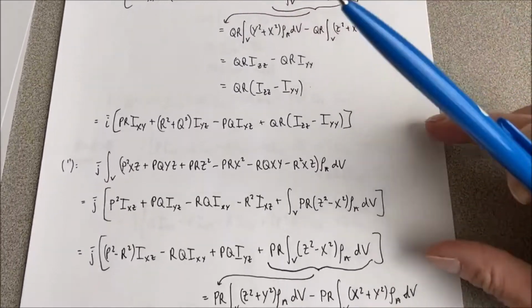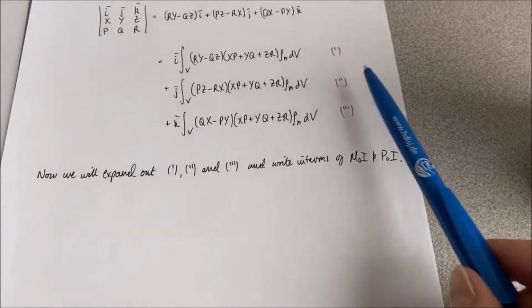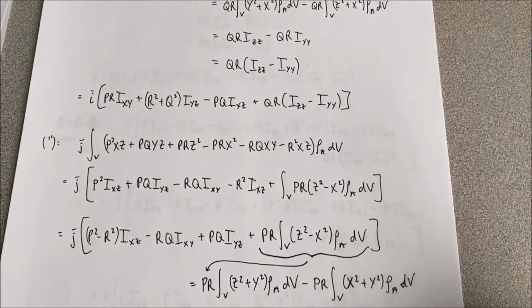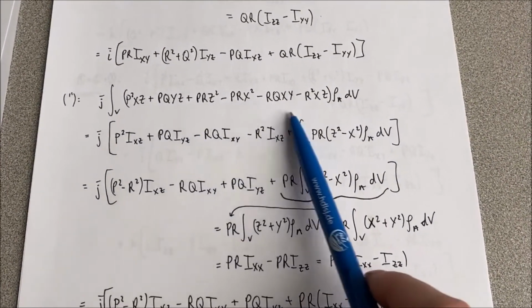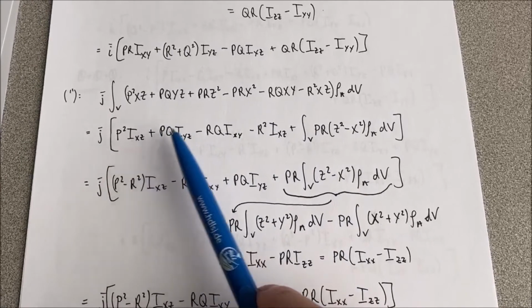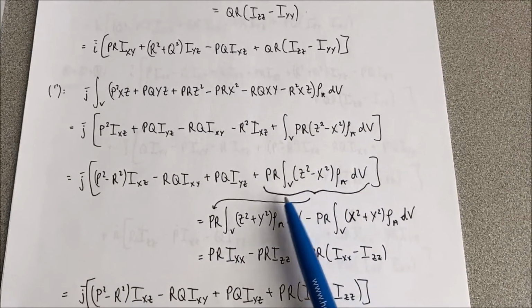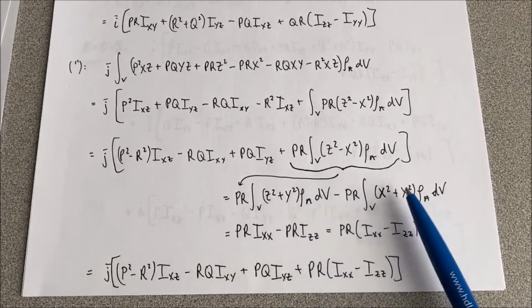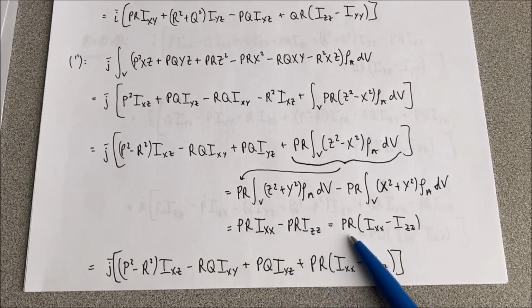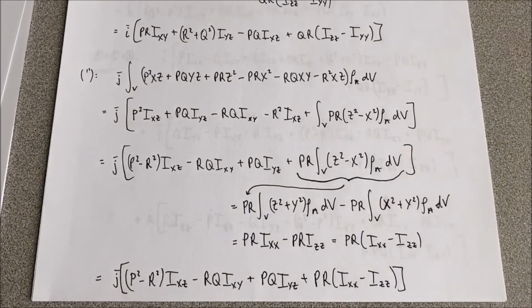I can do exactly the same thing for term double dash, which is this one. Exactly the same. Sorry about the squeaky chair. Expand everything out, write everything in terms of products of inertia where we can. Do the same algebraic trick on this term here where we add and then subtract the dummy variable y squared to get these moments of inertia and rewrite the j hat term.